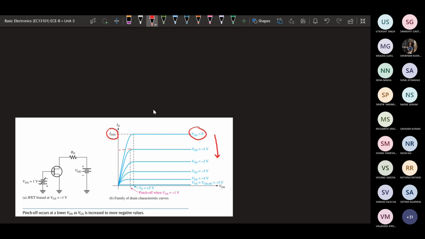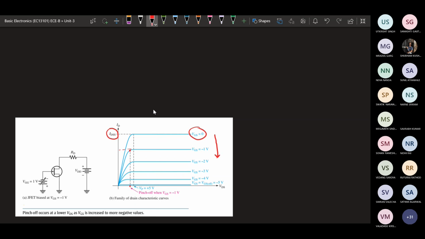This is the pinch off when VGS equals 0. Similarly, at VGS equals -1, the pinch off has shifted to a lower value. Pinch off still occurs, but at a lower value.